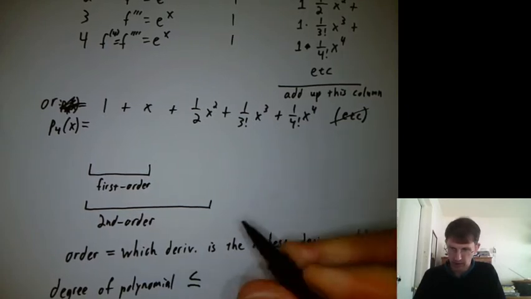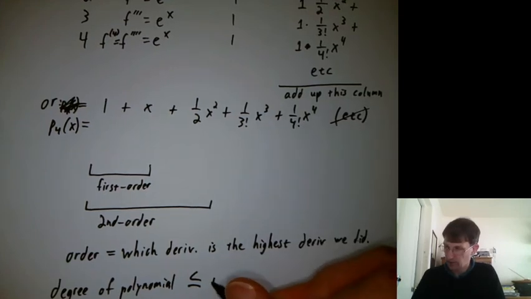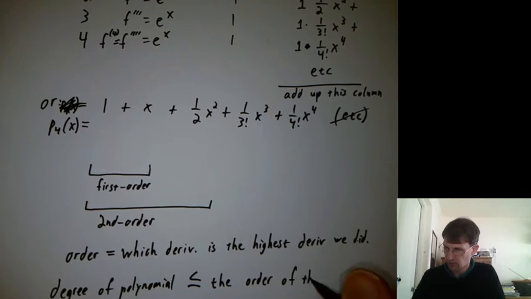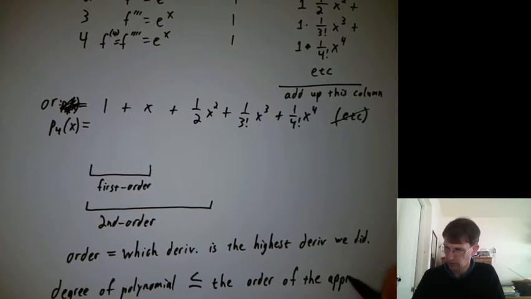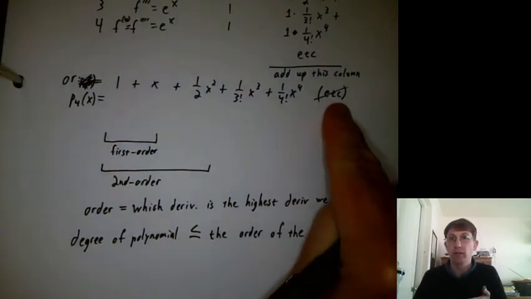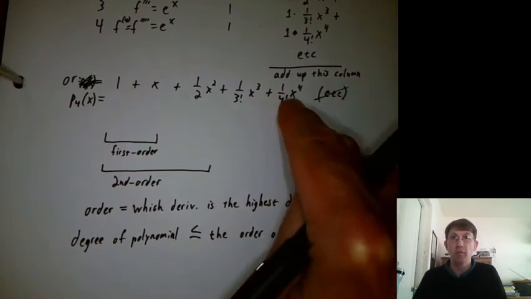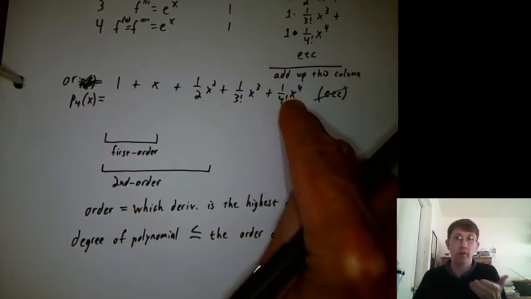That's going to be less than or equal to the order of the work we did. There's no way I could get an x to the 5th if I had only done 4 derivatives, for example, because I'm always going to be matching the power on the x with whatever derivative I took.